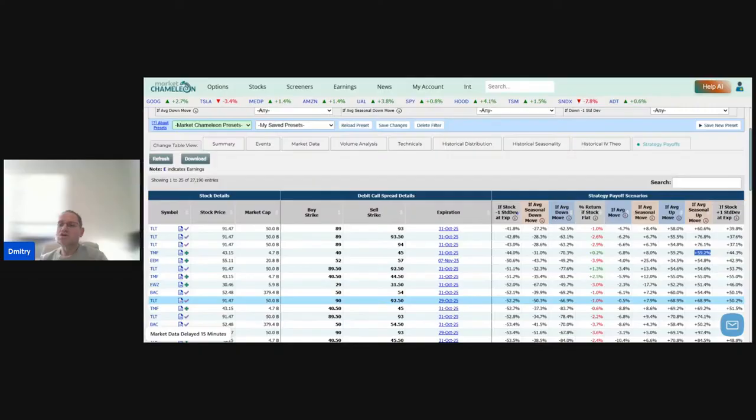So we could use that specific stock's historical moves or standard deviation move to look at that potential payoff at expiration and set parameters to narrow down our candidates to research. Will, I'll throw it back to you at this point. I think we covered all those parameters.